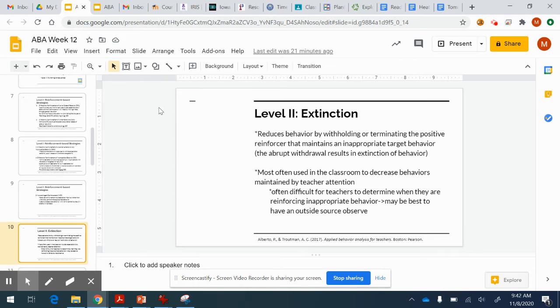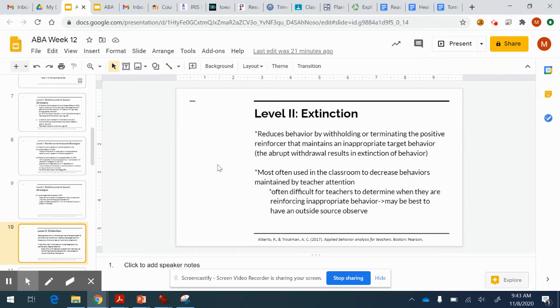Level 2 refers to extinction. Extinction is when we reduce behavior by withholding or terminating the positive reinforcer that maintains an inappropriate target behavior, or the abrupt withdrawal results in the extinction of behavior. Teachers most often use this in a classroom to decrease behaviors that are maintained by teacher attention.